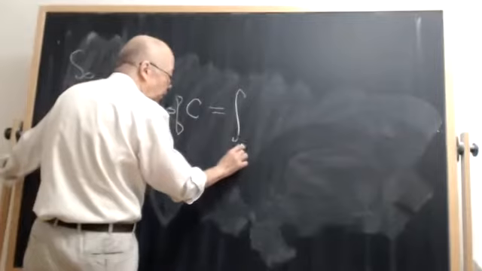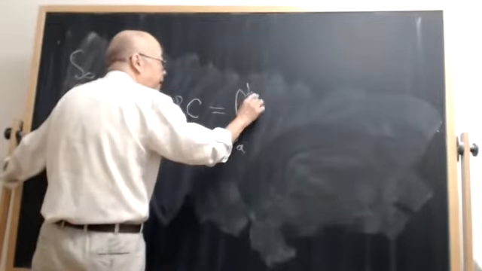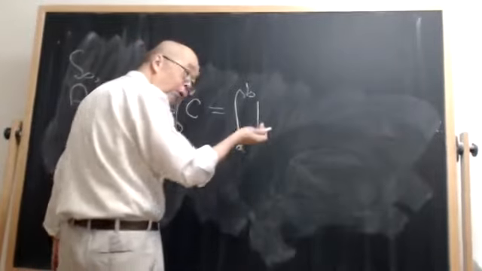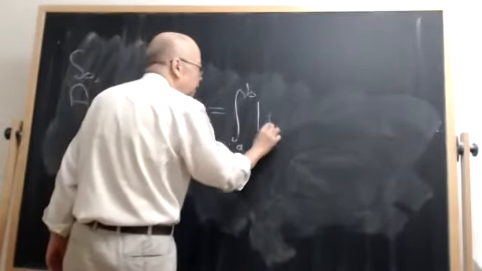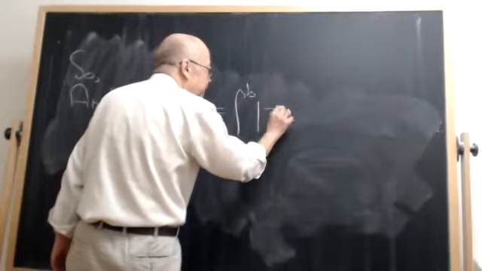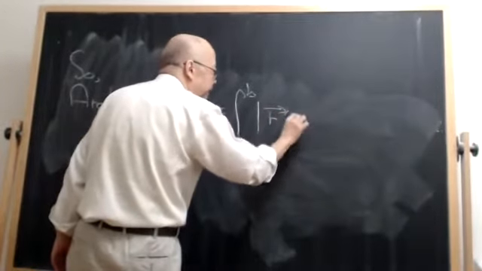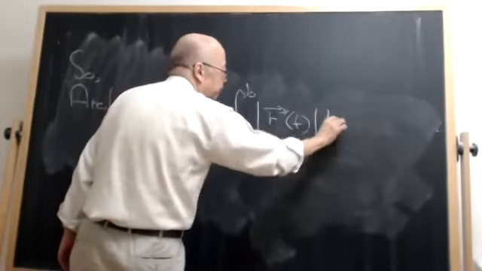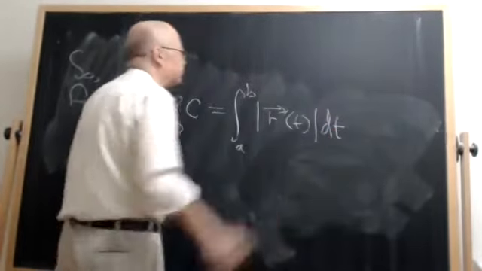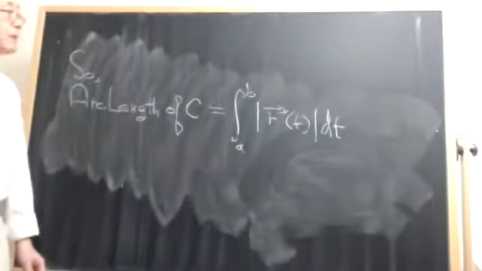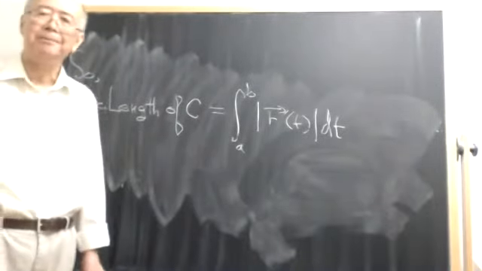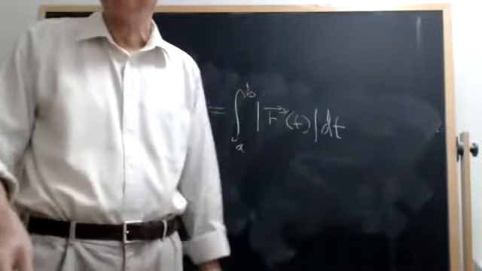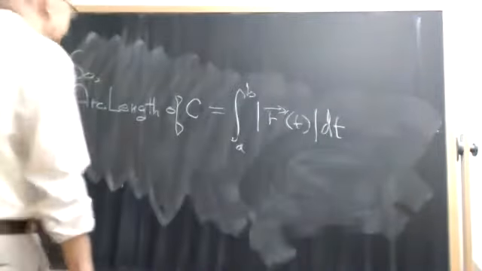It is the integral from A to B of the magnitude or the length of the vector r prime t dt, which looks a little bit better, but they are the same formula. Okay. All right.